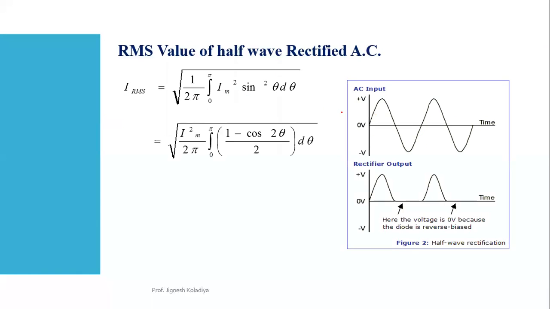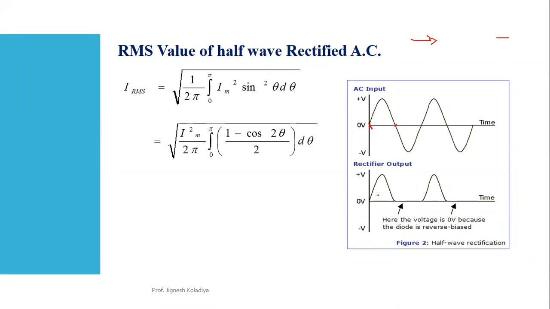Now, in case of half wave rectified AC, when I'm giving the input to the rectifier first, then the output I'm getting in DC like this. And half wave means the diode is forward biased only during the positive half or the negative half.